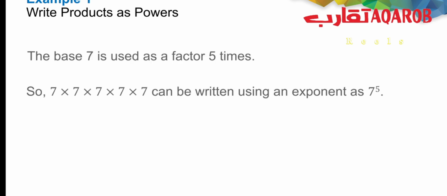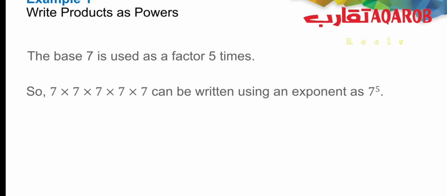Now, as we can see here, we can write what could be questions. For example, as example 1 in your book, they say write 7 times 7 times 7 times 7 times 7 using an exponent. Now, if I want to use an exponent, I know that there will be only one base, which is only one number that you can see all the time, which is number 7. So I will write it as number 7.